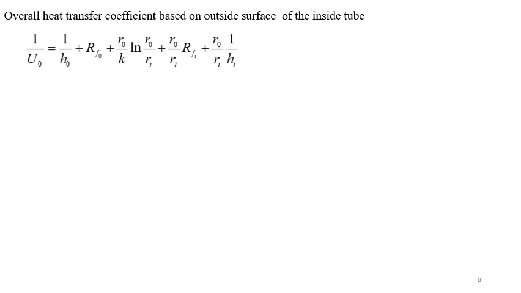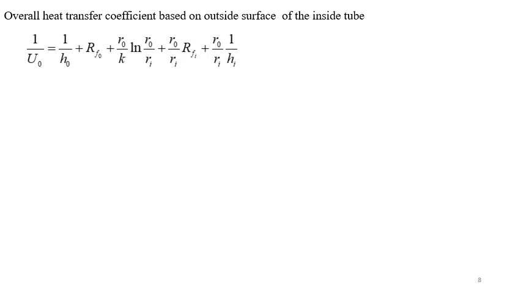This is the equation. I hope all of you are able to note it down. This is from the data handbook, available on page number 157, 158. You can refer to this relation, and from this you can calculate the U naught value.